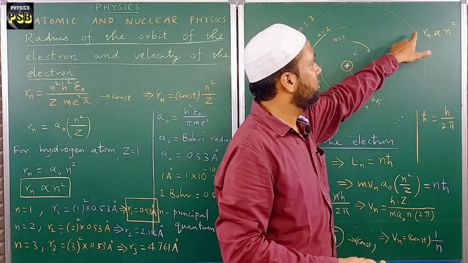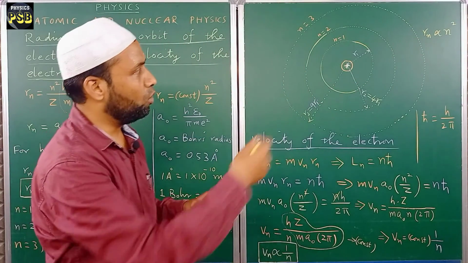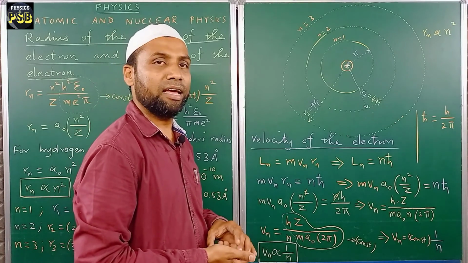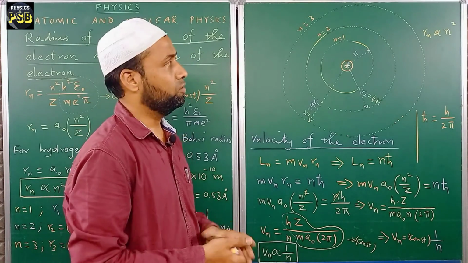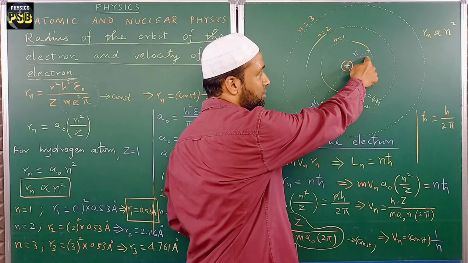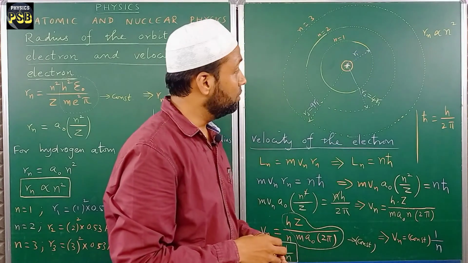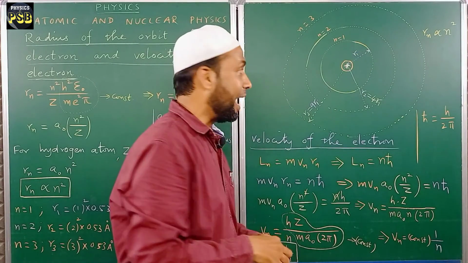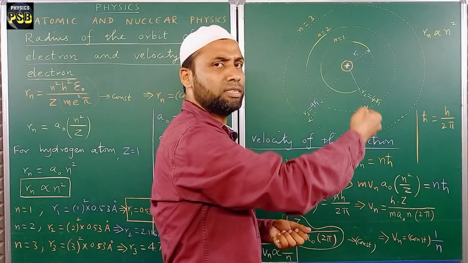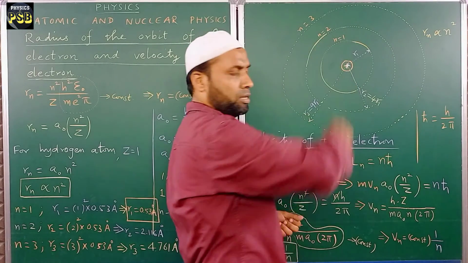Here the velocity of the electron is less as we go away from the nucleus, for the reason that they are less attracted. In the first orbit, the electron is more attracted by the nucleus. So to overcome that attraction, it has to travel with high velocity, to increase the centripetal force in order to overcome the attraction.